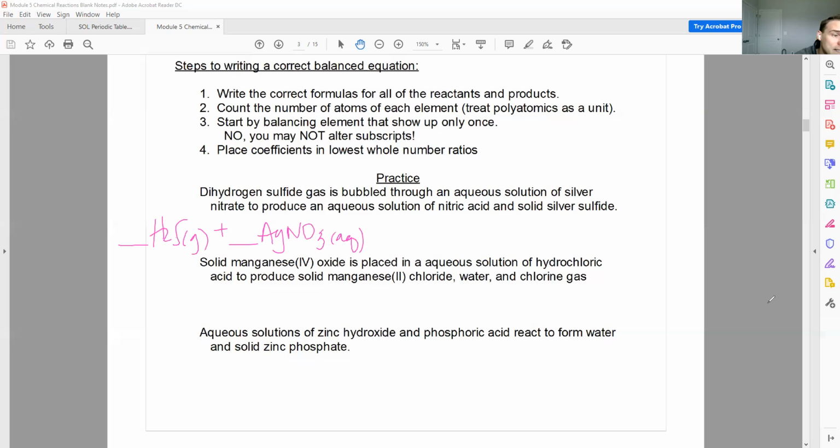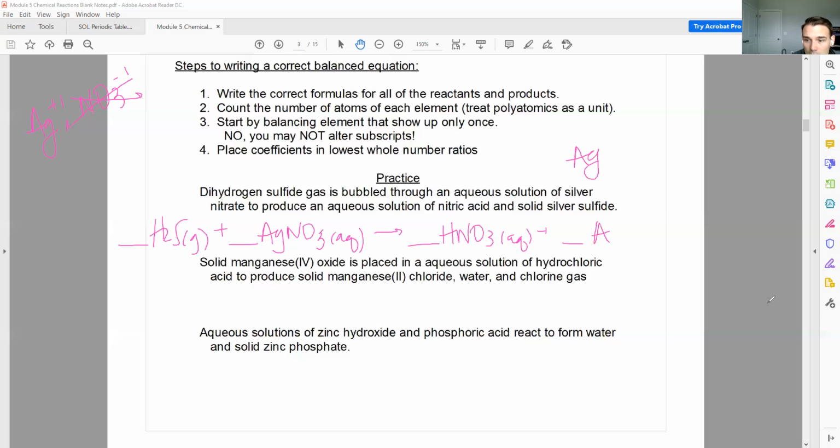And of course, if we still need to, we can take the charges and swap them so that we can get the correct formula. So it'd be AgNO3. To produce an aqueous solution of nitric acid, HNO3, aqueous, and solid silver sulfide.